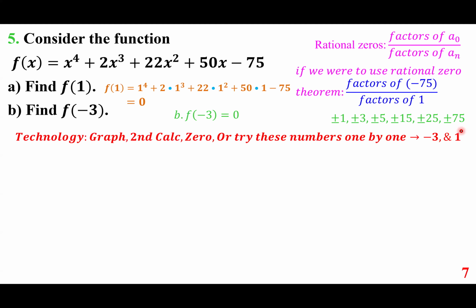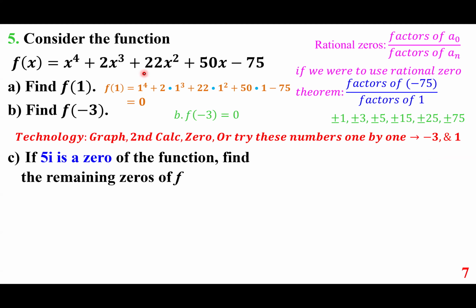Also, if you want to use technology, you can graph it, use second calc, zero, or try these numbers one by one. You can find this function and plug in those numbers. As far as the technology is concerned, that's how it works. You can do this pretty fast.